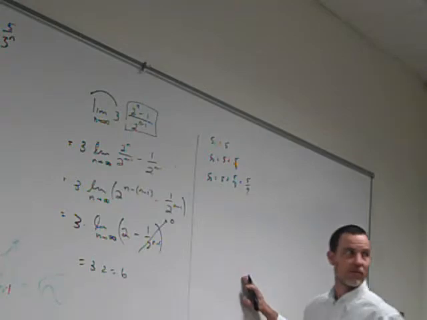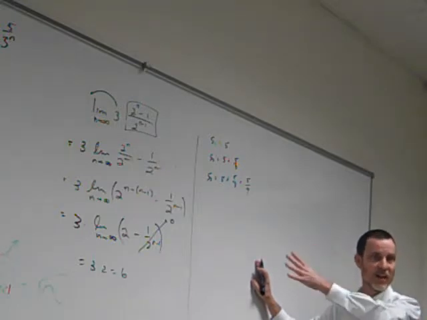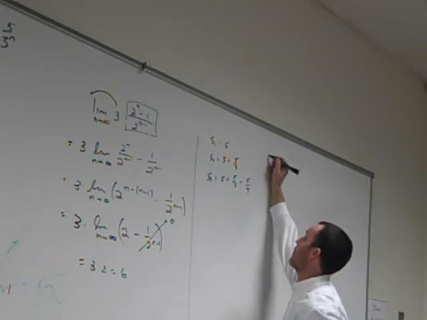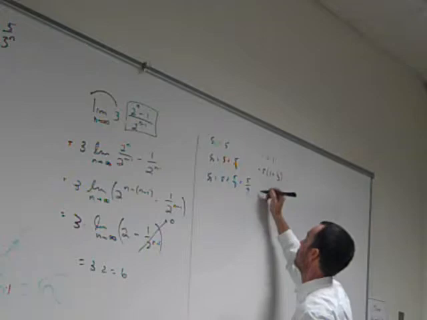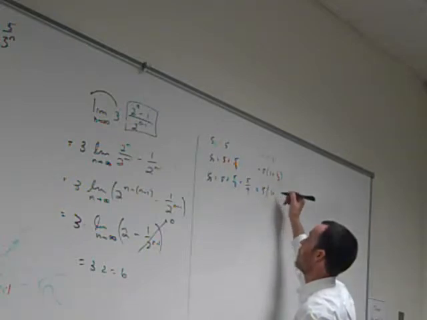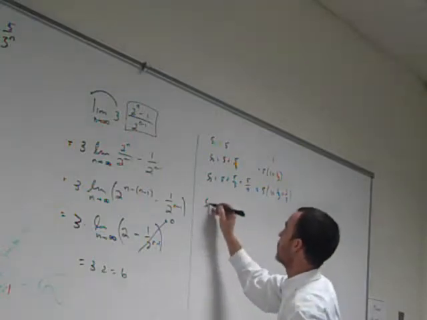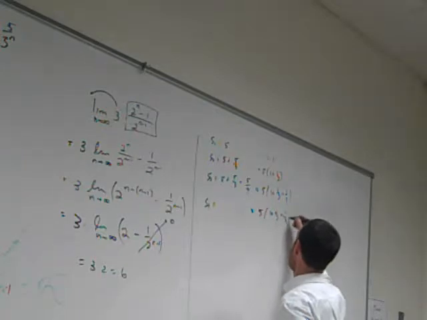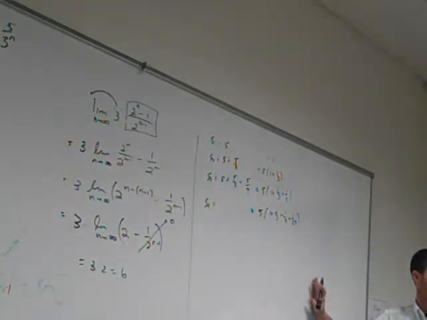Well, kind of like what Nick's saying, why am I dealing with the 5 at all, right? It's in every single term and I can factor it out. It's not making this problem any easier. So, doing the same thing that Xavier did over here, that's 5 times 1. This is 5 times 1 plus 1/3. This is 5 times 1 plus 1/3 plus 1/9. The next one is going to be 5 times 1 plus 1/3 plus 1/9 plus 1/27, right?